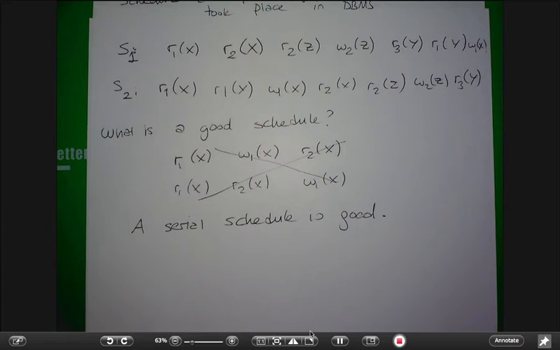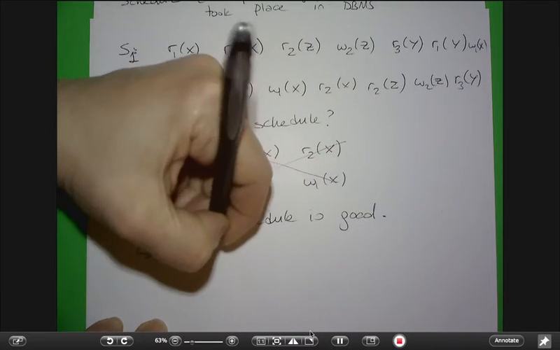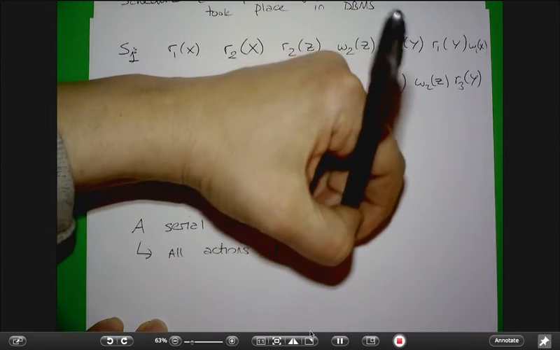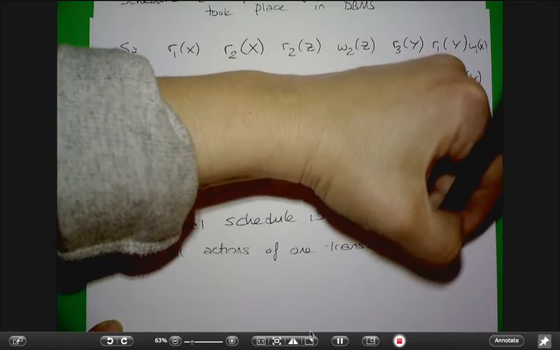A serial schedule means that everything for one transaction executes first, then everything for the second transaction executes next, and so on and so forth. So basically the idea is that all actions of one transaction happen at a time.